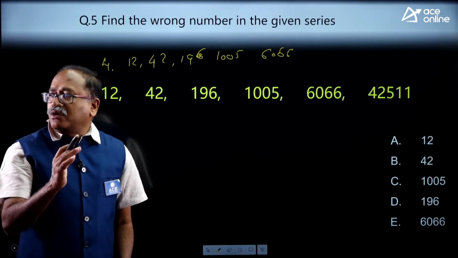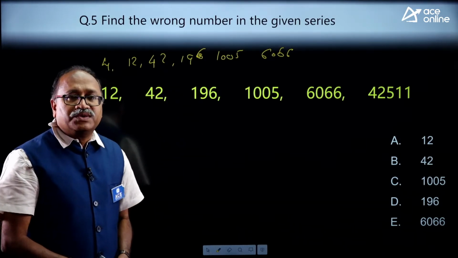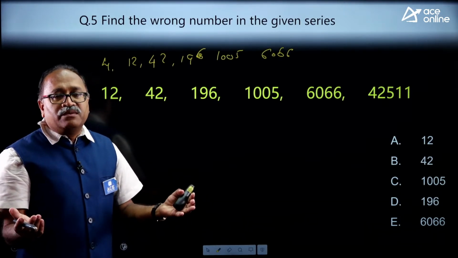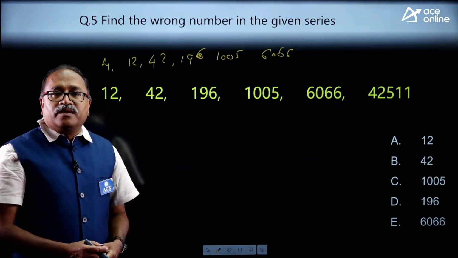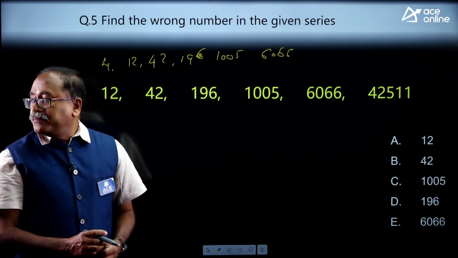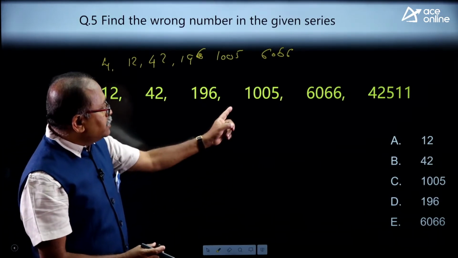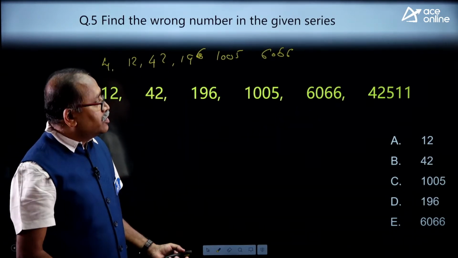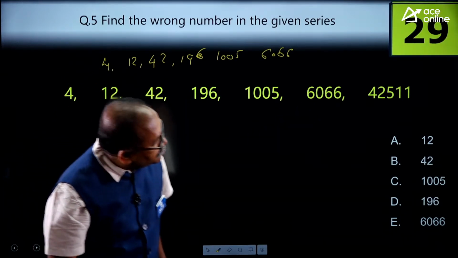Come on, how many of my friends can answer this question? You know there will be 5 questions of the number series in the prelim exam, definitely. Come on, I already gave the clue, that is into 6. Identify the wrong number. I am giving 30 seconds to you.